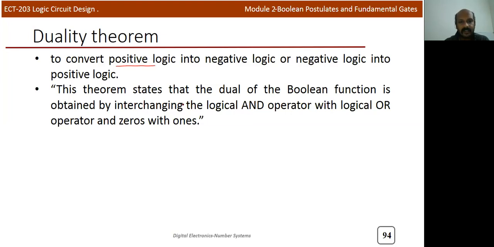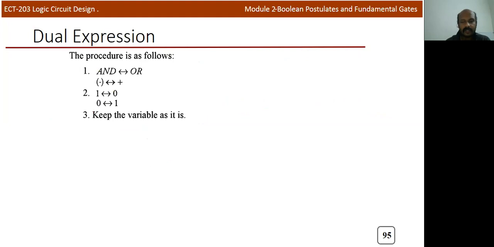The duality theorem states that the dual of a Boolean function is obtained by interchanging the logical AND operator with logical OR, and 0 with 1. That means we need to replace the AND operation by the OR operation, and all the OR operations by AND operation, and all zeros by 1 and all ones by 0. This is the way we convert from one logic to another logic, and this is the duality theorem. And this is a procedure actually.